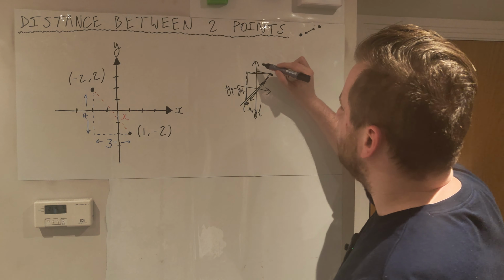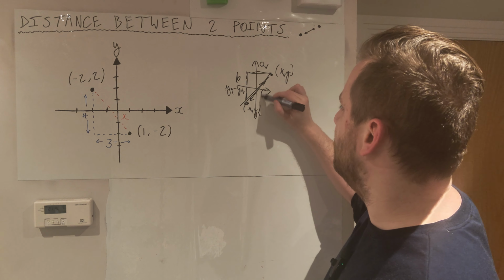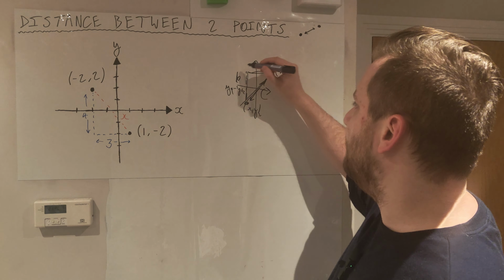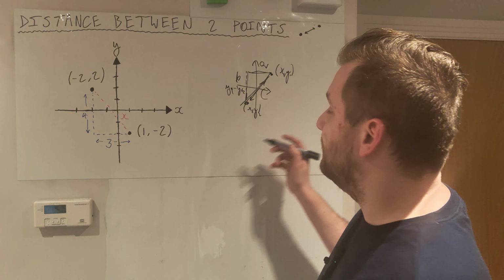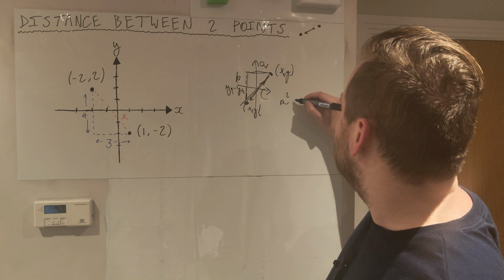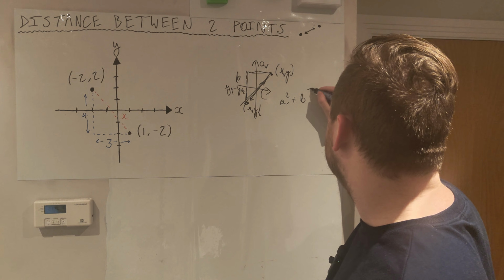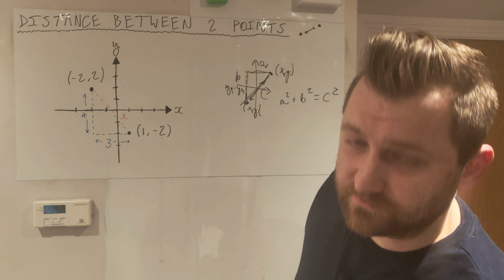But effectively we're going to work out A, B, and then we're going to work out C, because if you have a right angle triangle, which we're effectively creating by measuring these distances, we know A squared plus B squared is equal to C squared, and I hope that is Pythagoras' theorem.